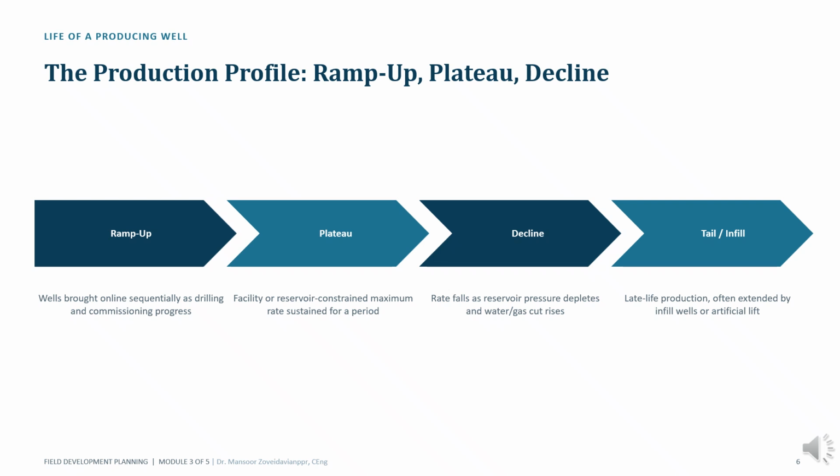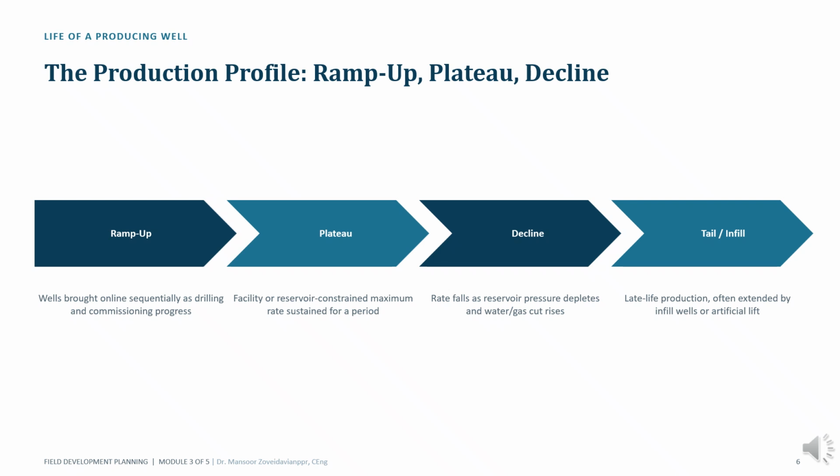Most producing fields follow a similar production profile consisting of 4 stages. The first stage is ramp-up, where wells and facilities are progressively brought online. Next comes the plateau, during which production is maintained at or near the maximum sustainable rate. Over time, reservoir pressure declines and water or gas production increases, leading to the decline phase.